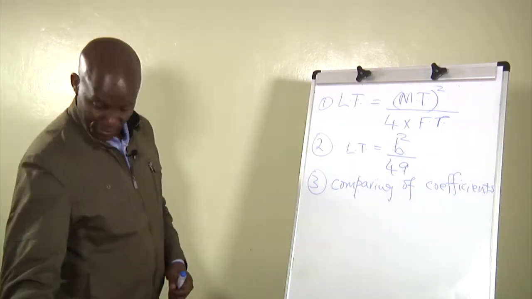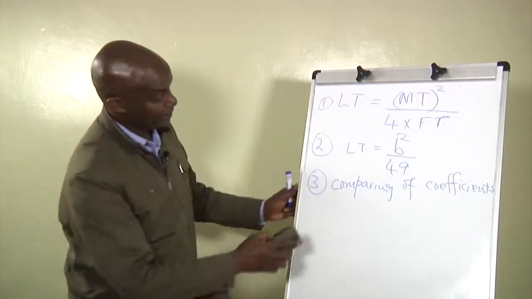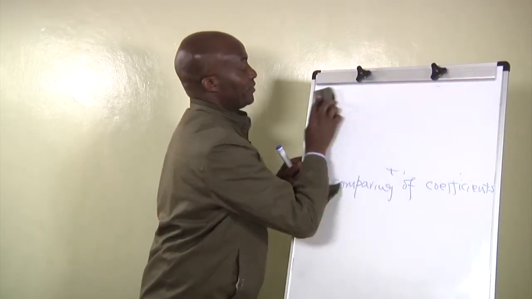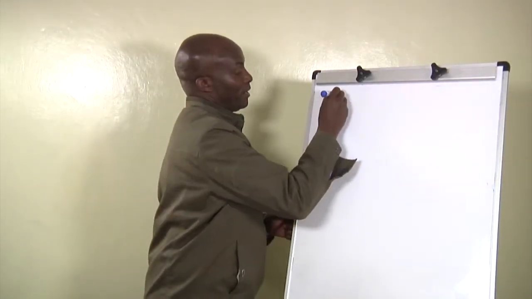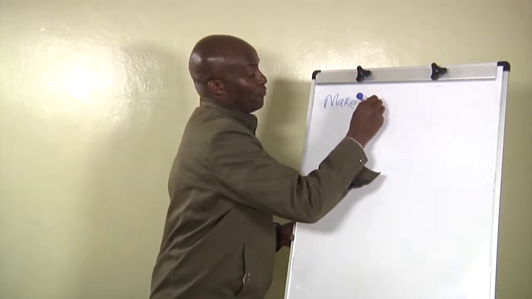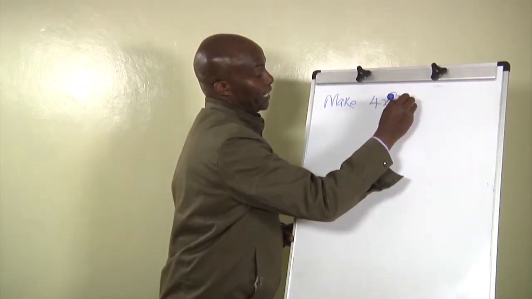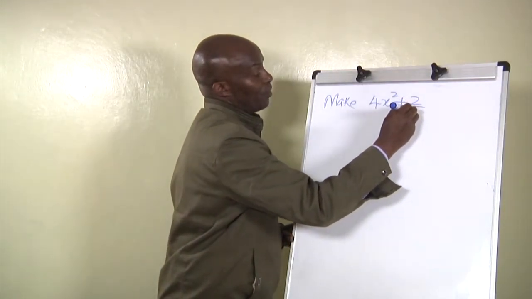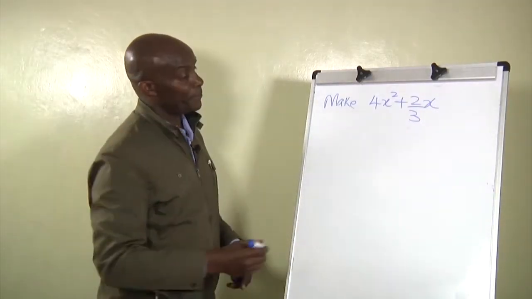I want you to attempt this one. You are given, make 4x squared plus 2 over 3x a perfect square.